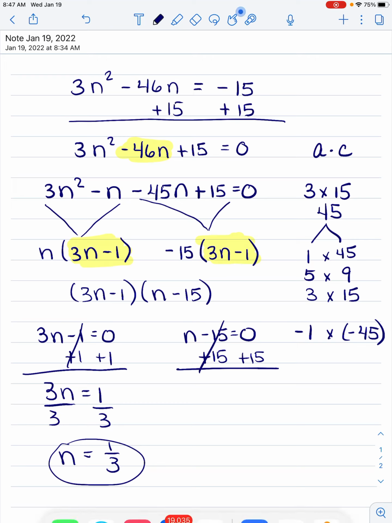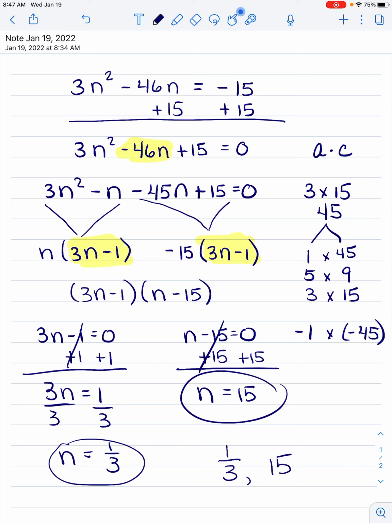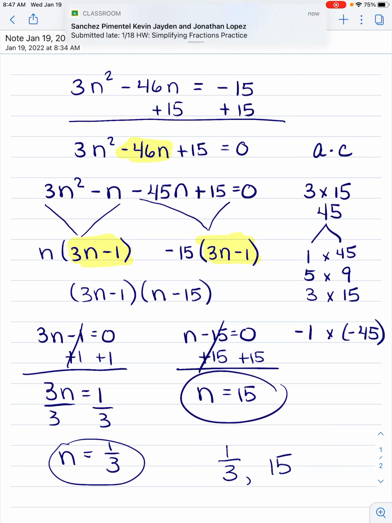This will cancel out, n equals 15. And so the solution to my quadratic is 1/3 and 15. And that's kind of a neat way of solving quadratics by factoring when the lead coefficient is something other than 1.